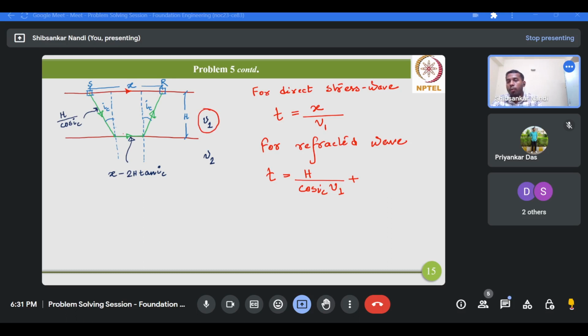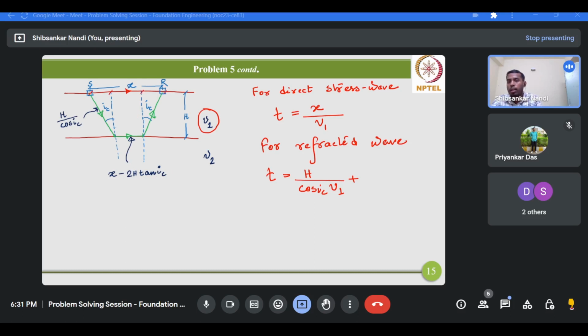Now coming to the second part, because the refracted wave has three parts. This is the first part, now this is the second part. For the second part, the distance the refracted wave is traveling is x minus twice h tan IC. Now how is this coming? Because this is the distance x, and this distance you can easily determine.